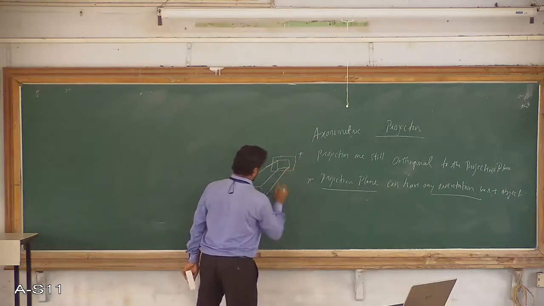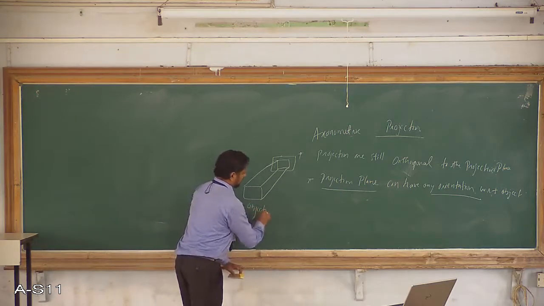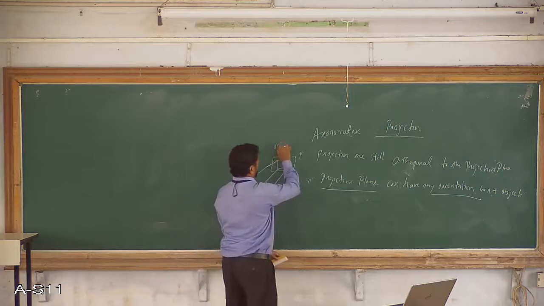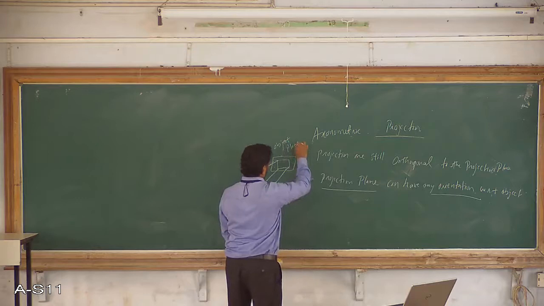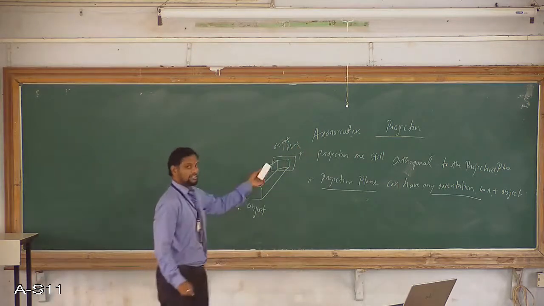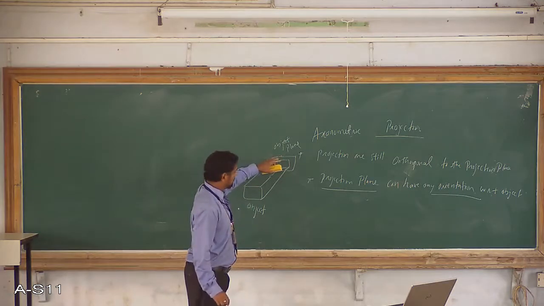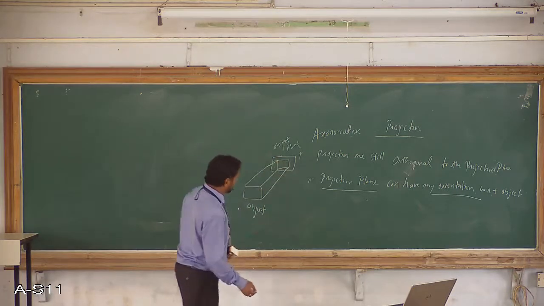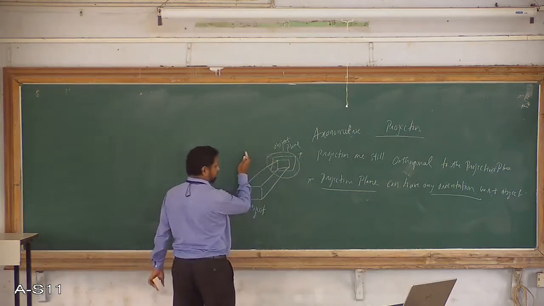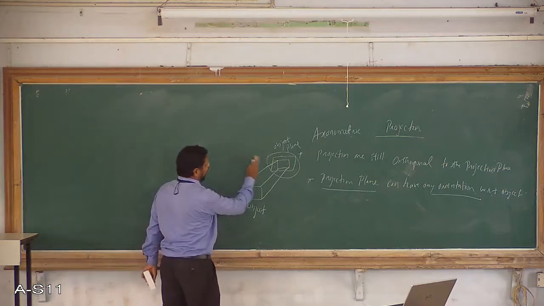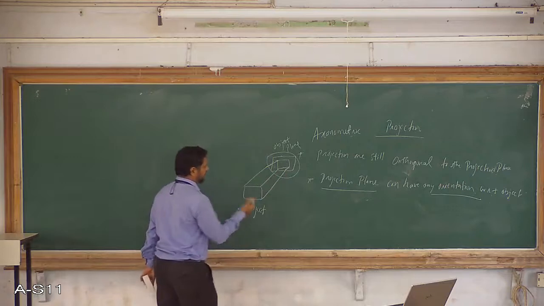See here, this is the object, and this is the object plane. This is how it is placed. Now the object plane is oriented here. In the other case, I can take this object plane and orient it here as per my wish, or I can change the orientation of this object plane this way also.